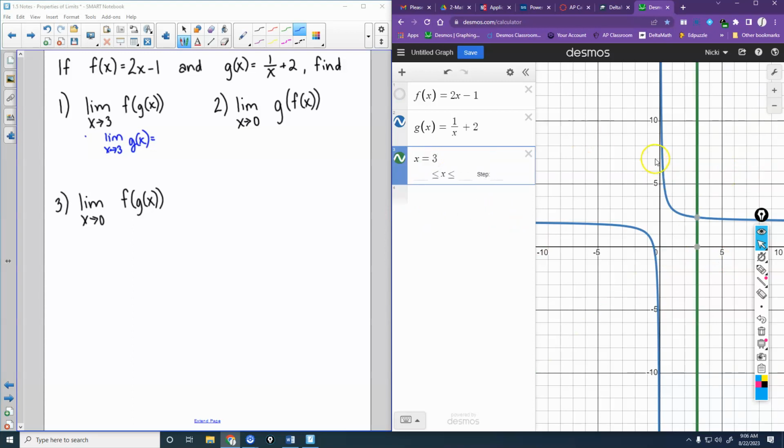There's our line. As X approaches 3, what value are we approaching? Here, 2.3 repeating. We can see there's not even a hole in the graph there; it's just a solid line. So that limit is 2.3 repeating.